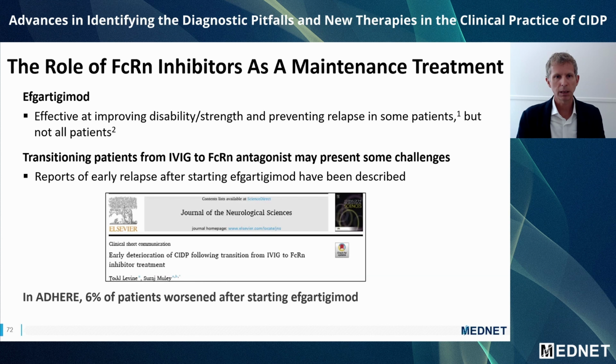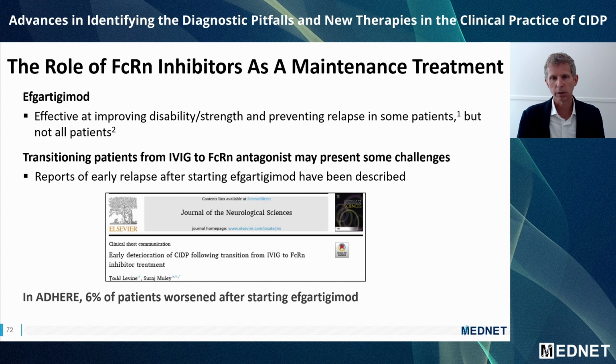So it's something to keep in mind when you're transitioning patients. How best to transition them is not entirely certain, but transitioning about a week after IVIG makes the most sense, while you're not at your peak IgG levels, but also not at your trough. You can more smoothly transition to an FcRn inhibitor.